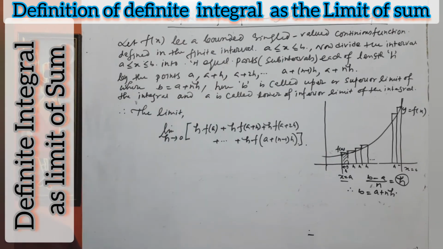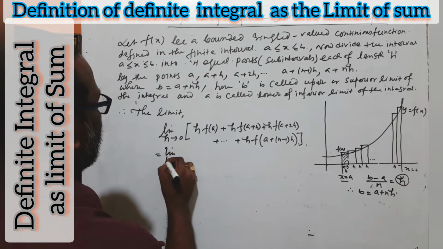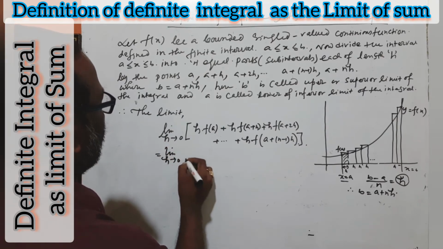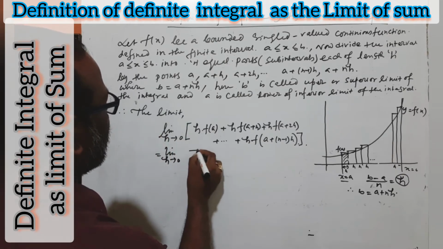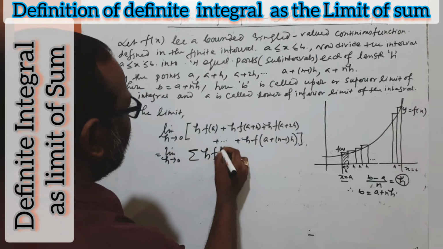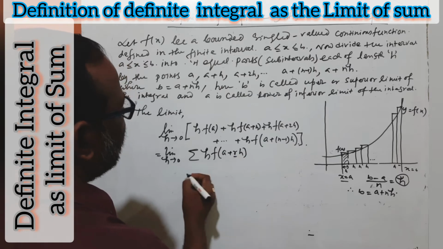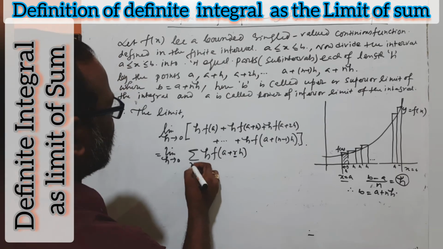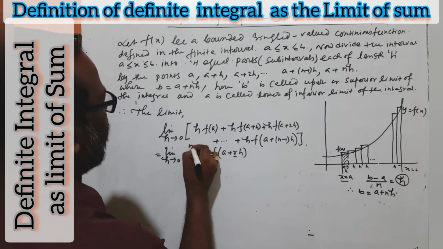Now see, it can be expressed as a summation, that is, limit h tends to 0 of the summation of h times f of a plus rh, where r goes from 0 to n minus 1.